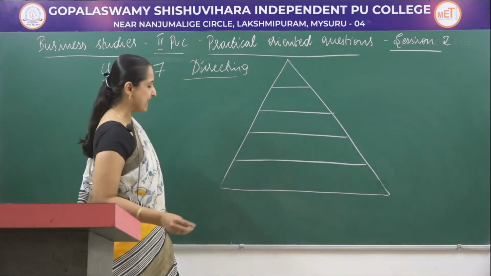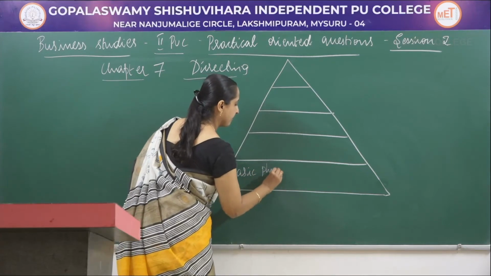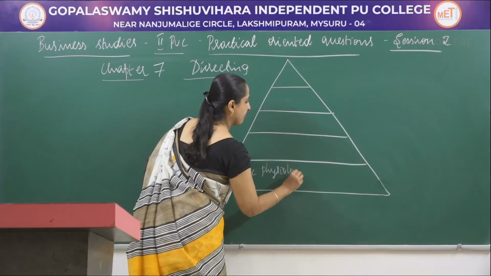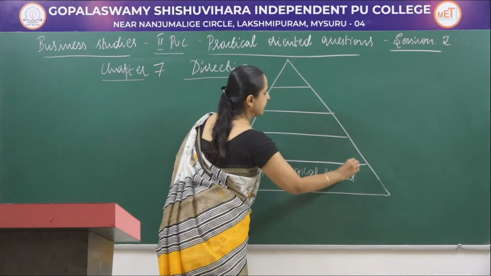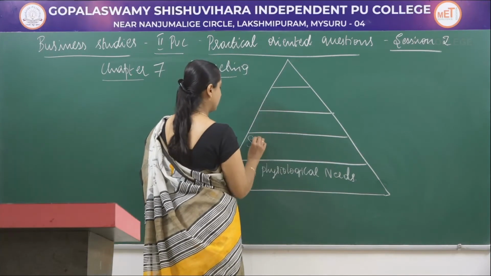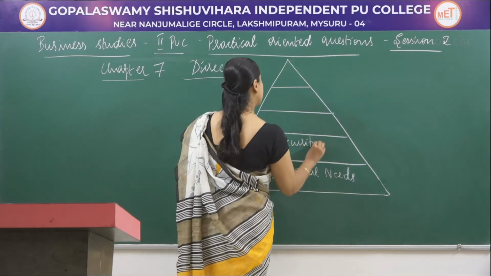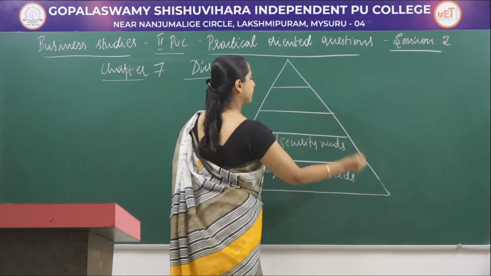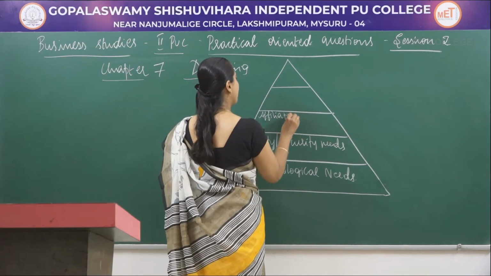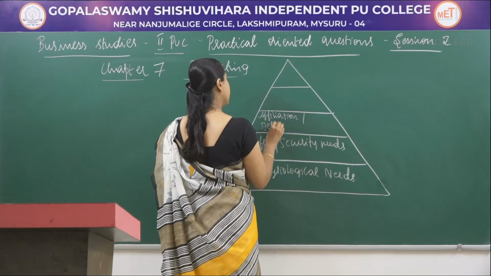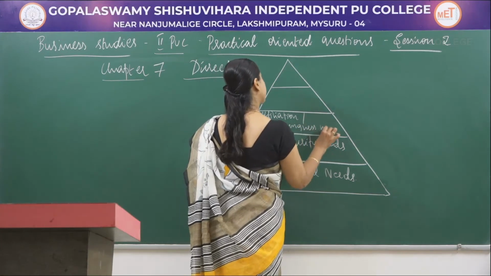So first is basic physiological needs. Next is safety or security needs. Third one is affiliation or belongingness needs.